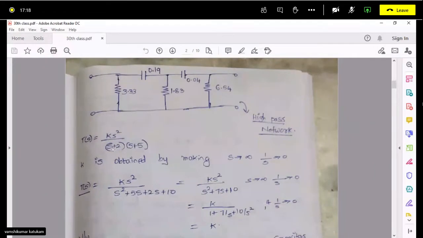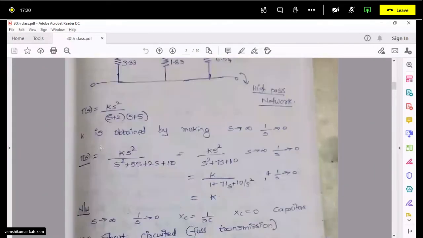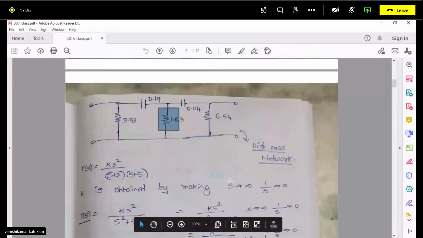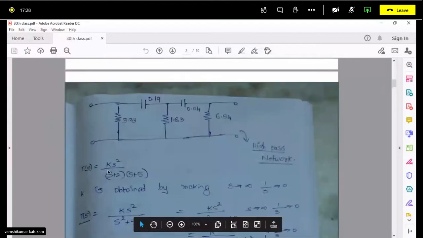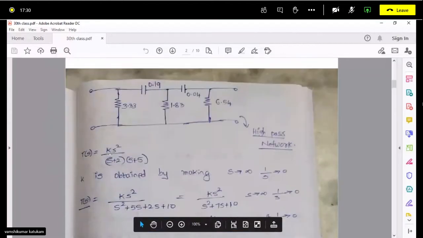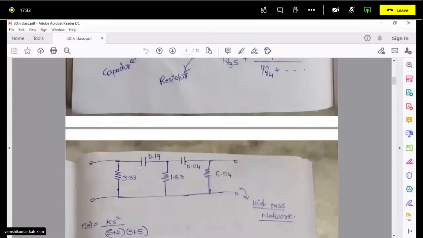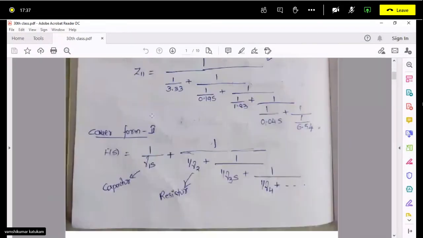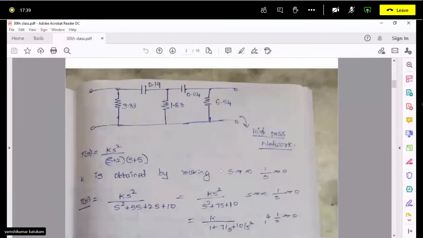And how do we obtain the constants here? Same thing. For a high pass filter, you can make use of the condition s tends to infinity. If your transfer function is T of s = K s square over (s plus 2)(s plus 5), then K is obtained by making s tends to infinity.